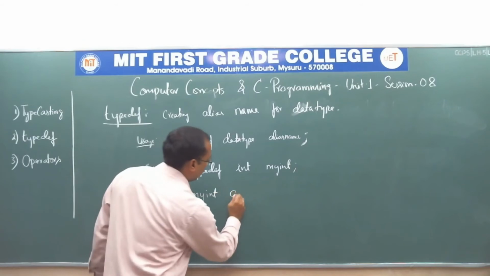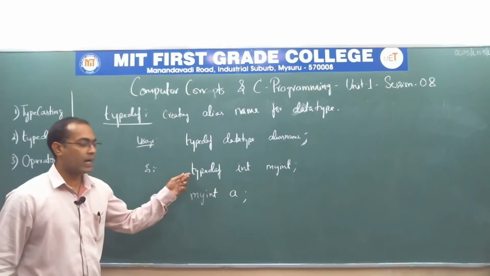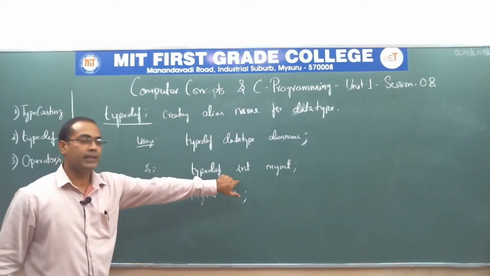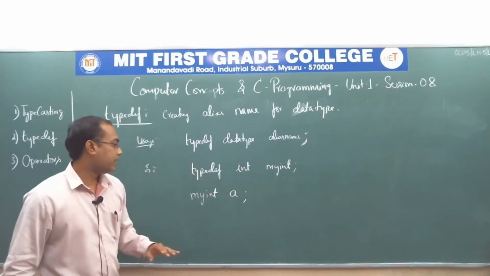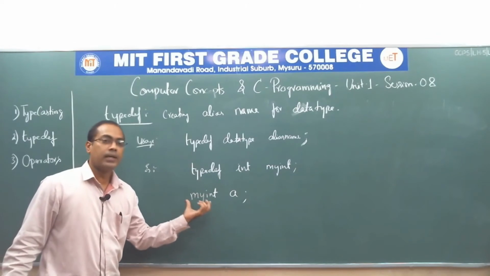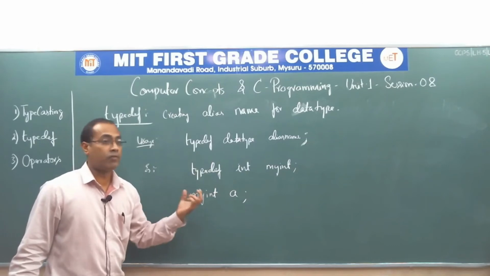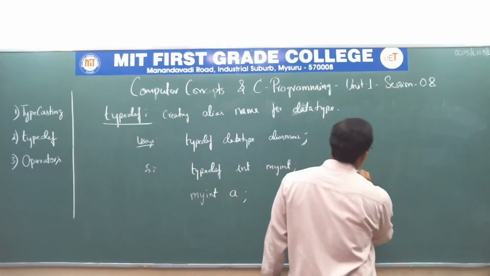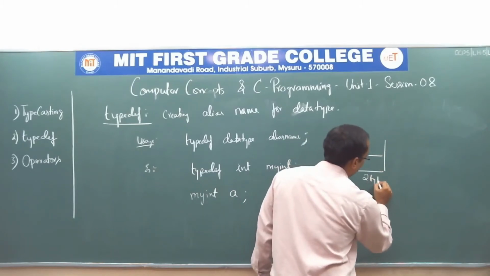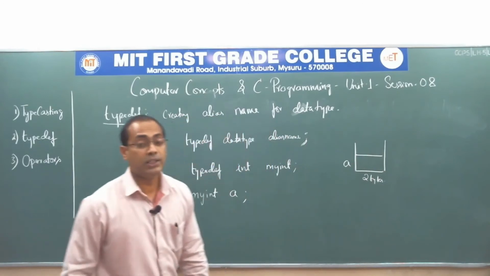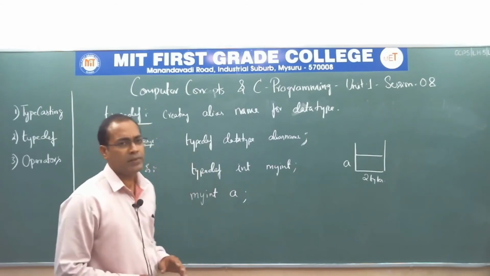If we now create myint a, the compiler knows that you have created an alias name for the integer, and you are calling that alias name as myint. So when it sees myint here, it will substitute it as int, and then a is a variable of type int, which means in the memory a will be created and 2 bytes will be allocated for integer storage. Okay, so this is what typedef is all about.